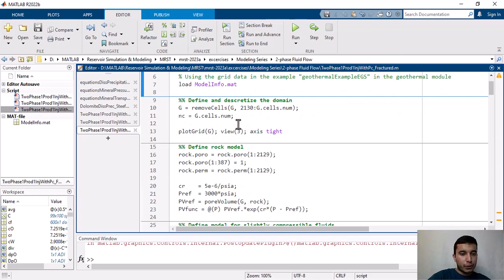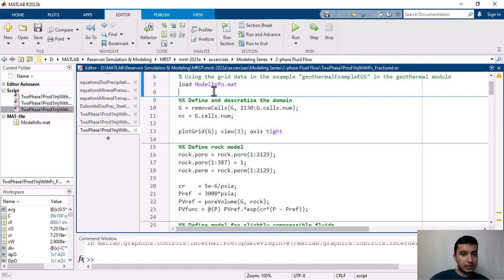What I'm going to do here is to use the structure, or the domain, which is already used in MRST, in the geothermal module of MRST.